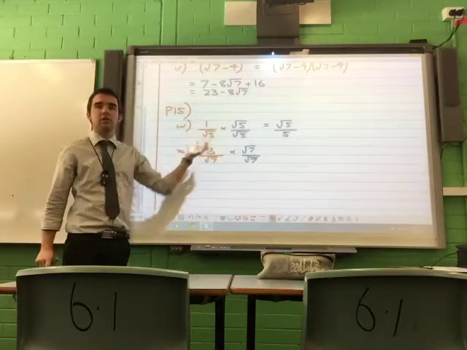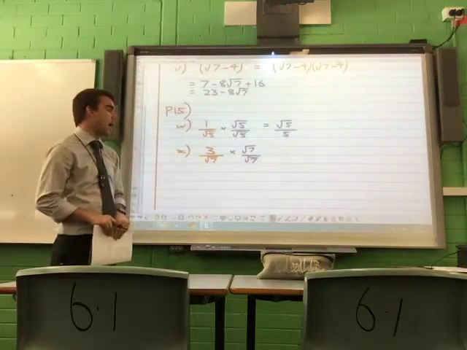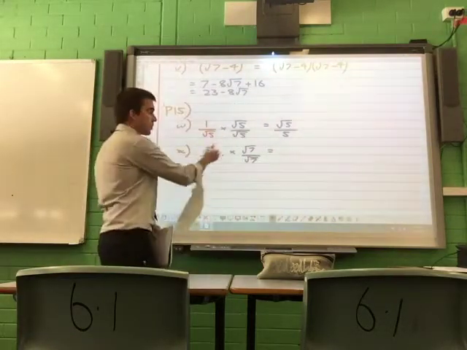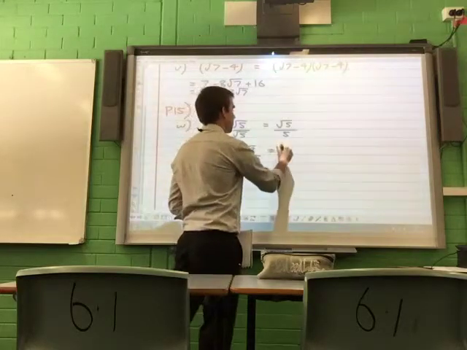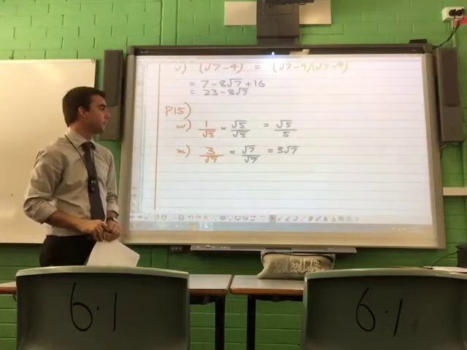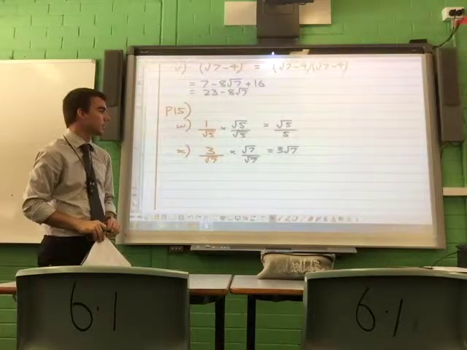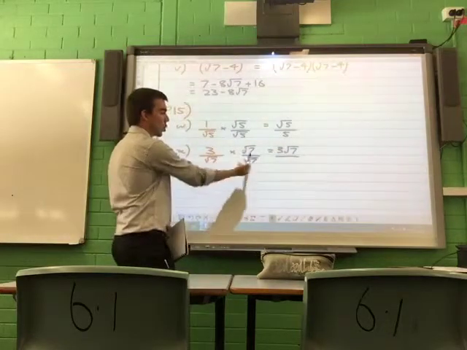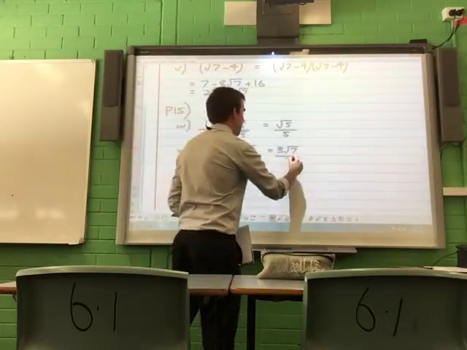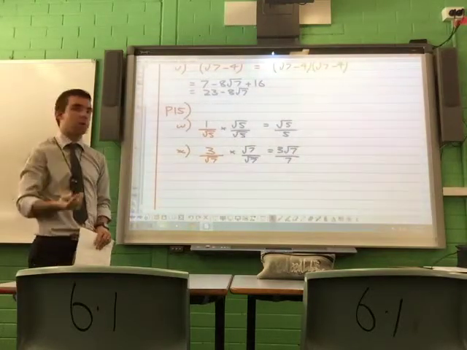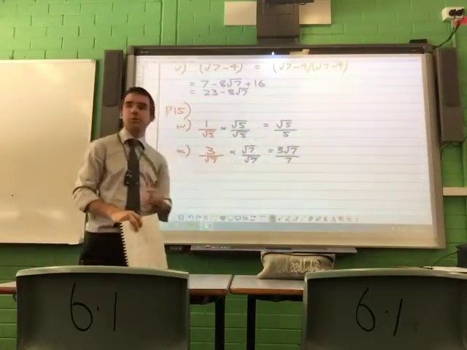I'm just changing the values around so that our denominator becomes rational. So 3 times root 7, 3 root 7, on top, and then on the bottom, root 7 times root 7, 7. So the denominator is now a rational value, an integer.